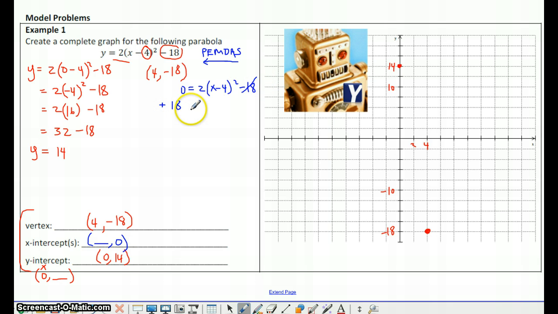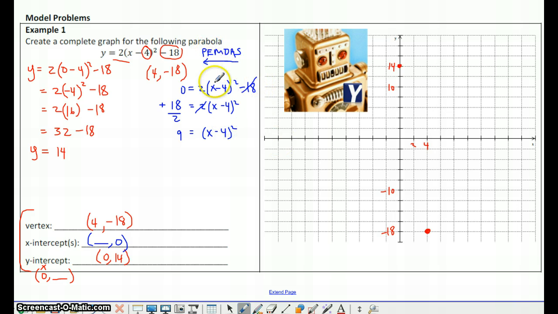So then I would have 18 equals 2(x minus 4) squared. No more addition or subtraction, move on to multiplication and division. I'm going to divide by 2. So I would get 9 equals (x minus 4) squared.